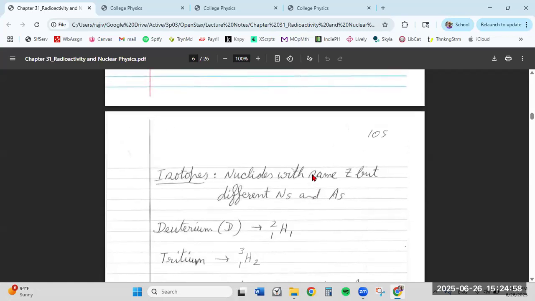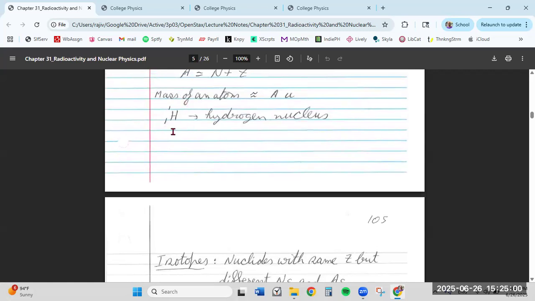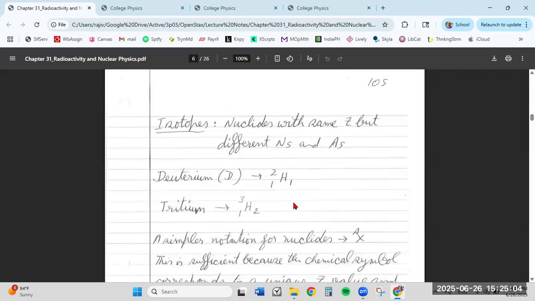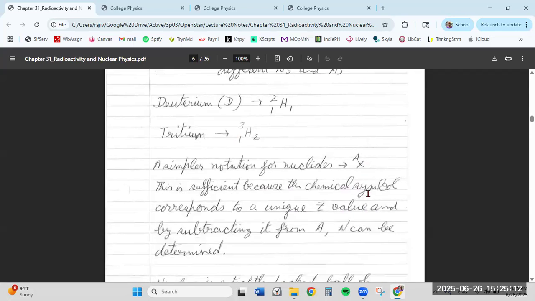So hydrogen 1 is the most common type of hydrogen. Deuterium is quite rare, and tritium is even rarer. A simpler notation for nuclides is where you even omit the Z, the number of protons, and you just write the total number of nucleons.